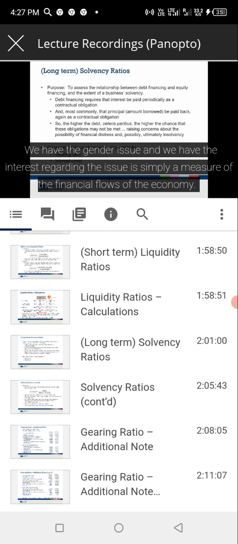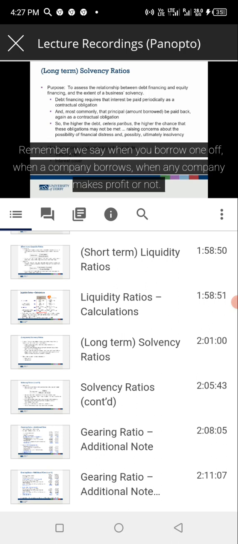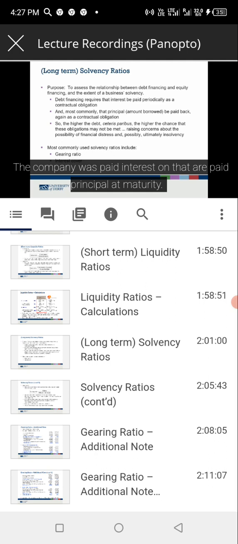The gearing ratio is simply a measure of the financial risk of a company. Remember, when a company borrows, whether the company makes profit or not, it must pay interest on that loan and repay the principal at maturity.